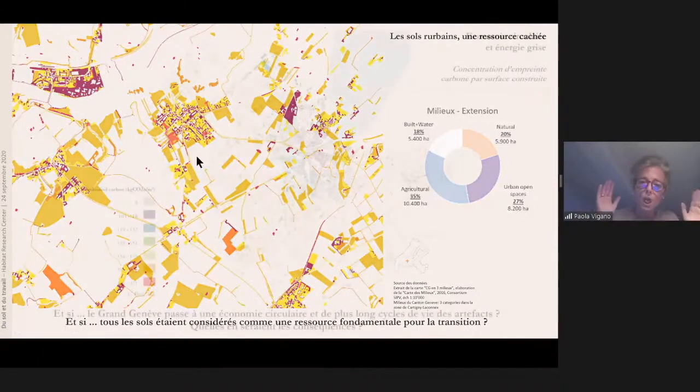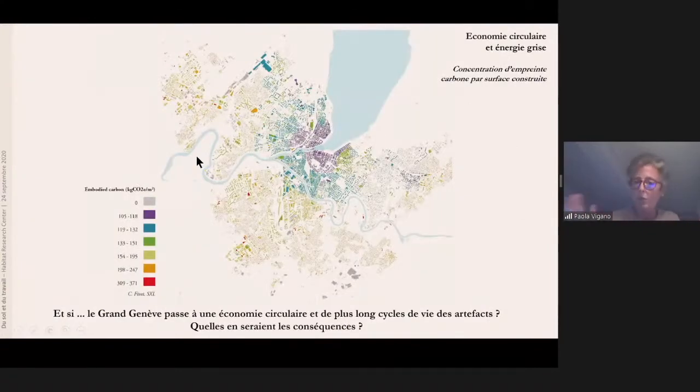The urban soils, which pedologists normally do not even look at, only recently they started to look at. In the case of the canton of Geneva, they are 30% of the canton, which means that they are a fundamental part on which you have to work.